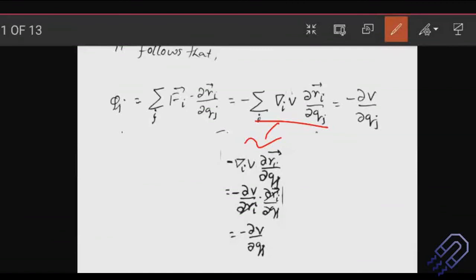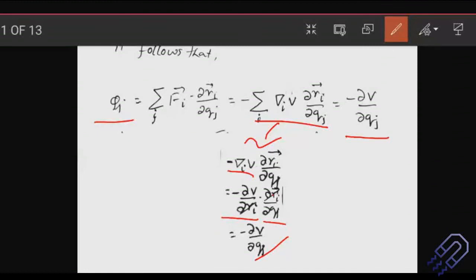We're just differentiating with respect to r, taking del i V as del V by del ri, and then this delta ri gets cancelled. We get minus delta V by delta qj. So the generalized force is minus delta V by delta qj.